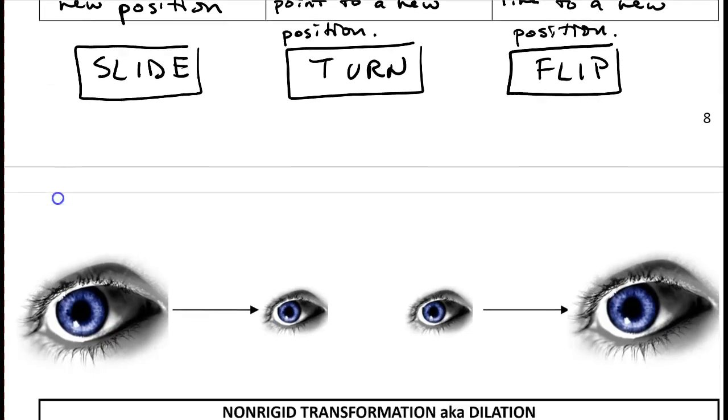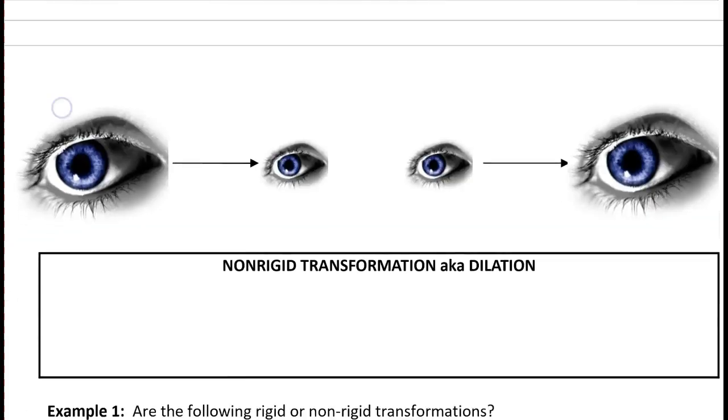All right, so now let's take a look at these eyes here. If you notice, when we go from here to here, it got smaller, and when we went from here to here, it got bigger. So the size of it did change. So where before we had a rigid transformation, now we have a non-rigid transformation, otherwise known as a dilation. If you think about your eye dilating, the size of your eye is changing.